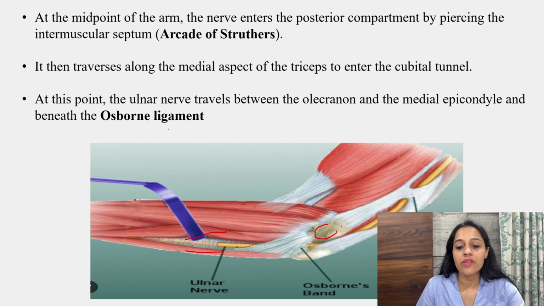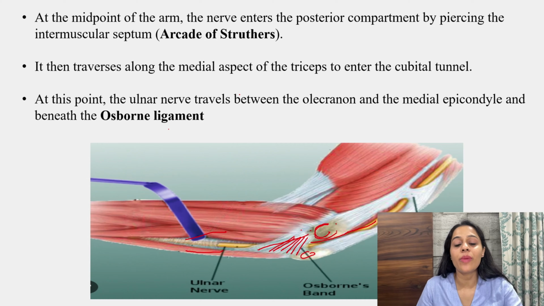The ulnar nerve, after it leaves the distal arm, passes beneath Osborne's ligament. Osborne's ligament is a fascia which is present between the olecranon process and the medial epicondyle of the humerus. This is Osborne's ligament, and it forms the roof of the cubital tunnel. The ulnar nerve mostly gets compressed in this region.